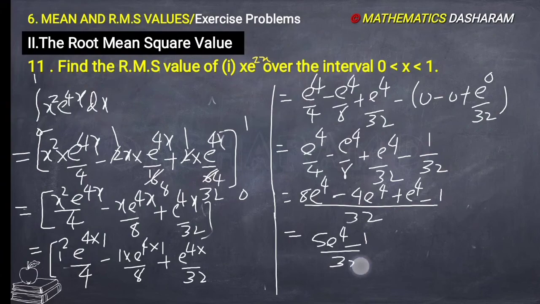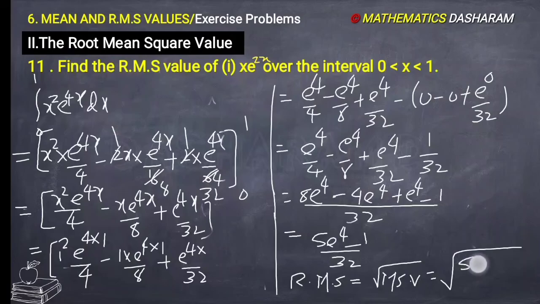So then the RMS value is under root MSV. So what is the MSV value? 5 e power 4 minus 1 by 32.